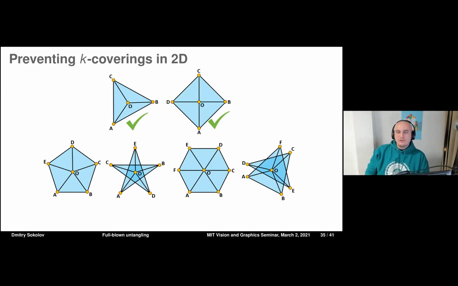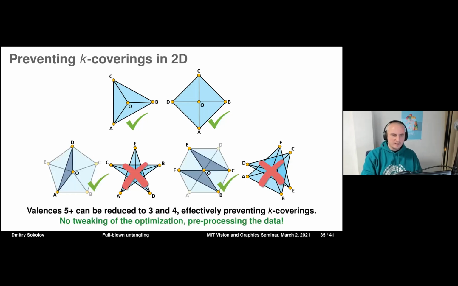We can fix this problem by reducing valence 5 and more one rings to valences 3 and 4. For example, if we constrain the triangle AOD here to have a positive area, we actually reduce this configuration to a 4 vertex 1 ring, effectively prohibiting all coverings. So this is a very neat solution because we do not have to tweak the optimization code.